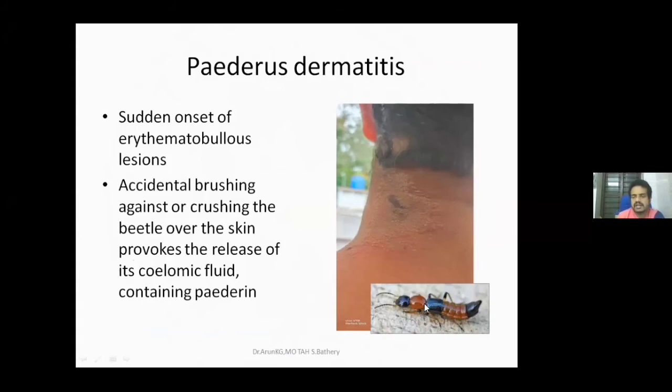What happens is this acid fly will stick on our body during sleeping and all. It gets crushed in our flexor area, and that coelomic fluid will escape from its internal body, and it is a very irritant one. On touching that coelomic fluid, it will cause some irritant dermatitis.